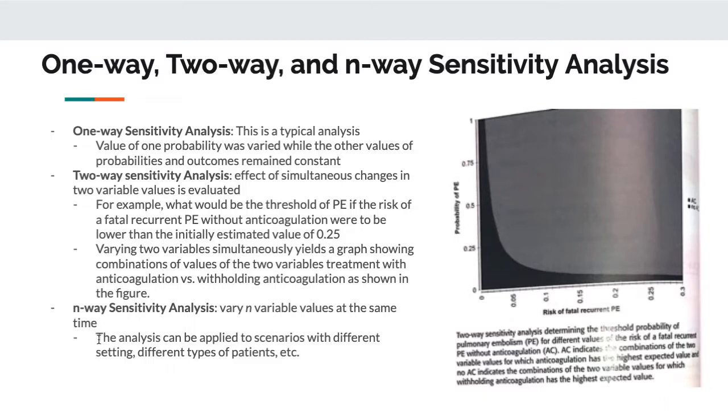The typical scenario where this analysis can be applied is a scenario with very different settings and different types of patients in our decision problem. Okay, so within the scope of this lecture, we're going to focus on one-way and two-way sensitivity analysis.